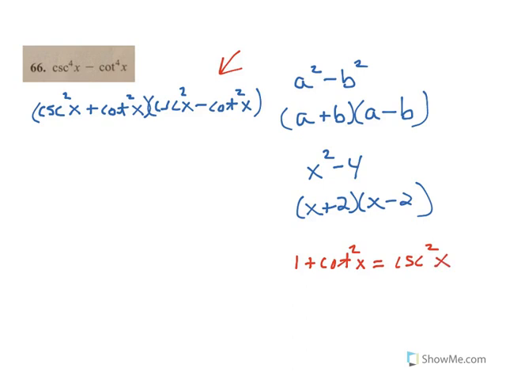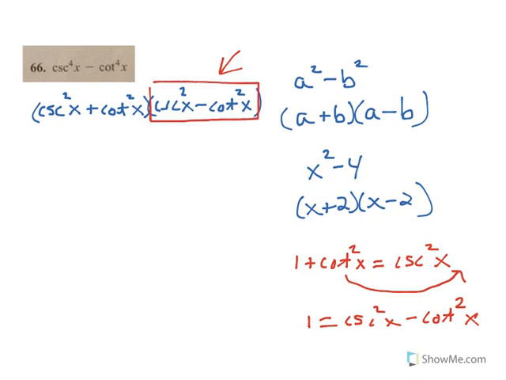We have cosecant squared minus cotangent squared, so if we brought this to the right, it would read 1 equals cosecant squared minus cotangent squared. So cosecant squared minus cotangent squared is just 1. So this statement right here would just be a value of 1.